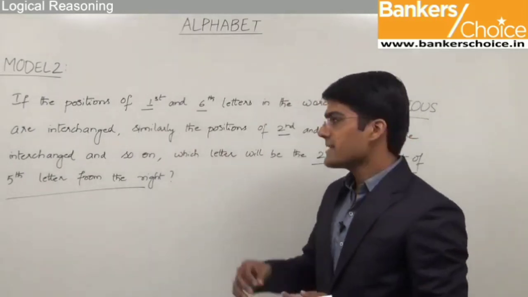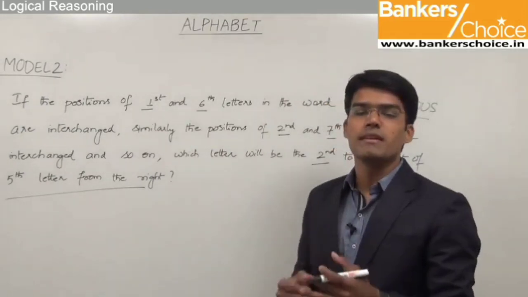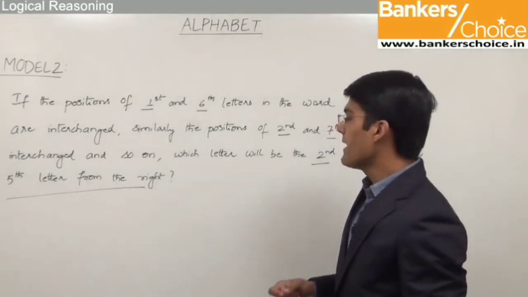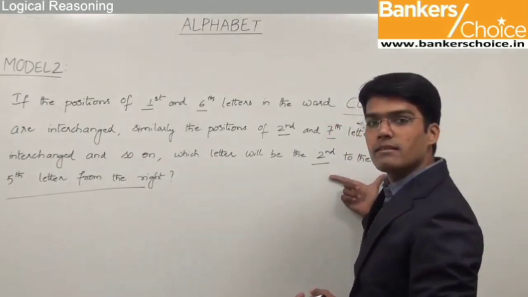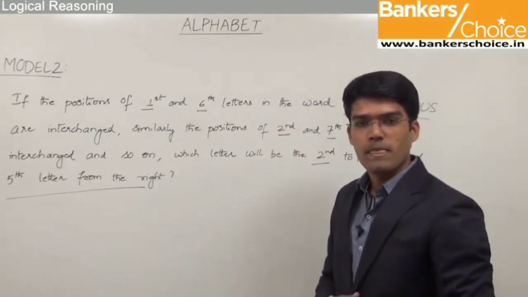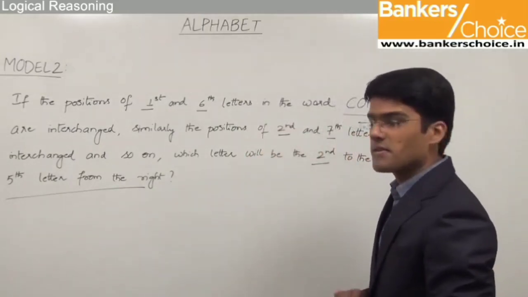So here, as given in the question, first we need to interchange the given letters as per the pattern specified, and then find out the second letter which is to the right of fifth letter from the right of the word. So let us see how to solve these type of questions.